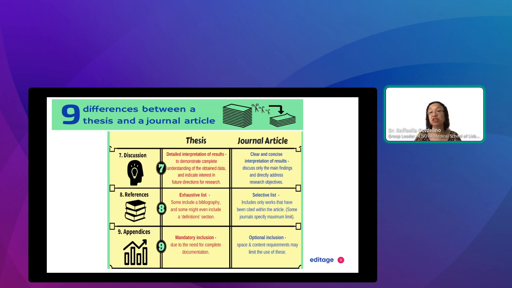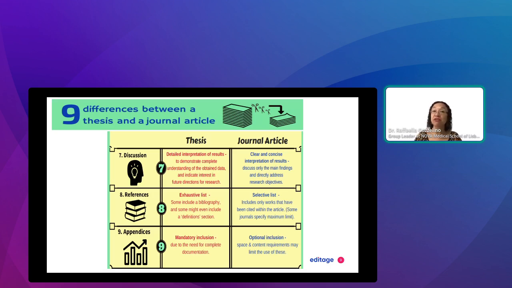You interpret just the results that you inserted in the article, discussing the main figures and addressing the research objectives, not the general topics that your article is reporting, but really the results. So what those results mean, right? And in the thesis, you can really speculate, even about future directions, which you do not do as extensively in a journal article.